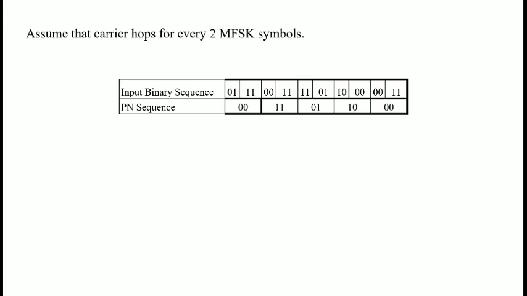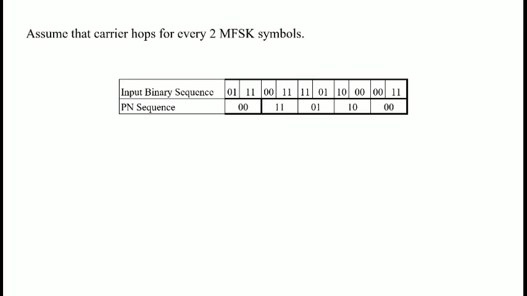Similarly for 0 0 and 1 1, we have only one carrier hopping frequency, that is 1 1. For MFSK symbols 1 1 and 0 1, the carrier hopping frequency is 0 1. For MFSK symbols 1 0 and 0 0, the carrier hopping frequency is 1 0. And the last one, for two MFSK symbols 0 0 and 0 1, we have one carrier hopping frequency 0 0.